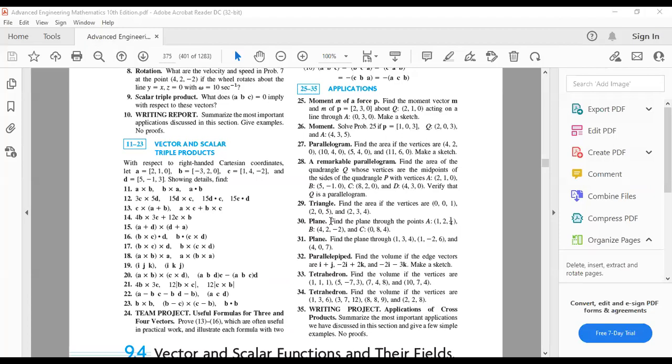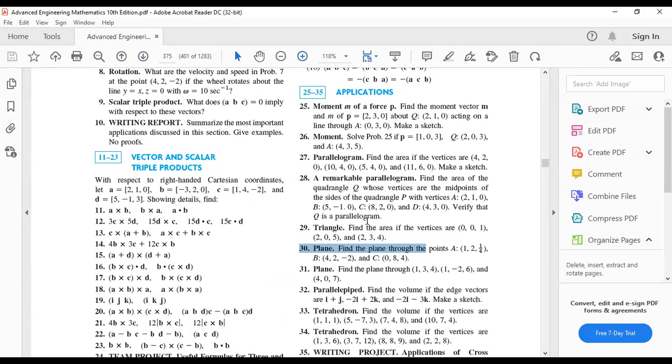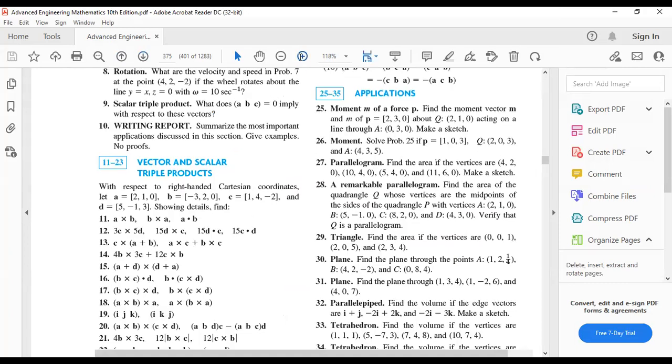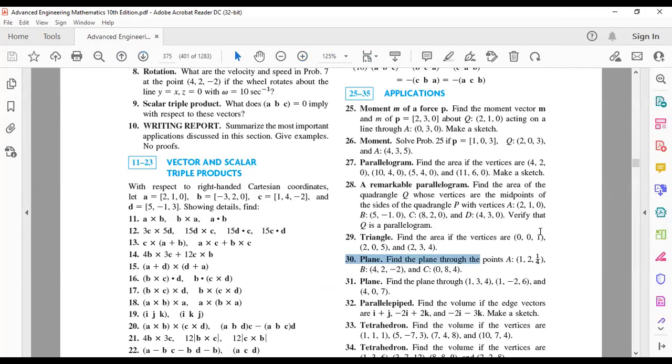Number 30 for me, please. Sorry, number 31. So are you making us do 31 so that we don't have to work with the fraction? Yeah. Okay, thank you. That was the thinking, actually. That was the exact thinking.